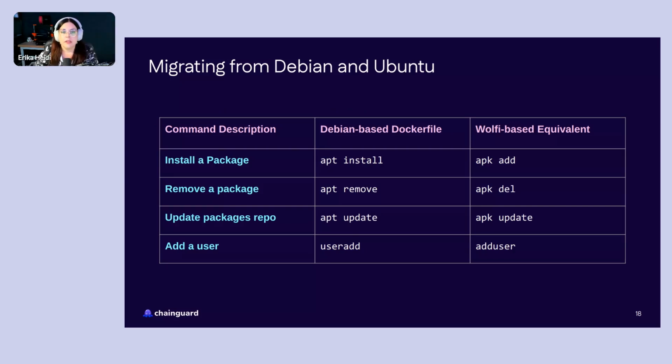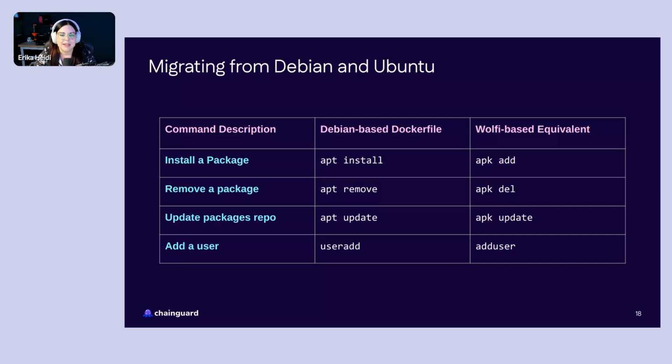Okay, so let's say that you are migrating from Debian or Ubuntu images. Then you're going to have to replace any apt install commands with apk add. And apt remove is apk del in apk.